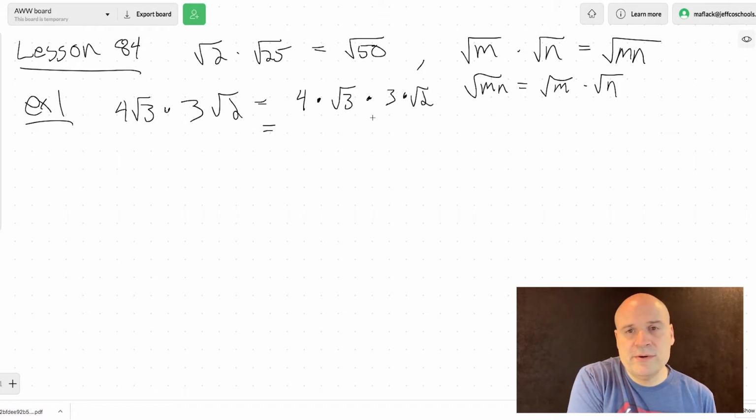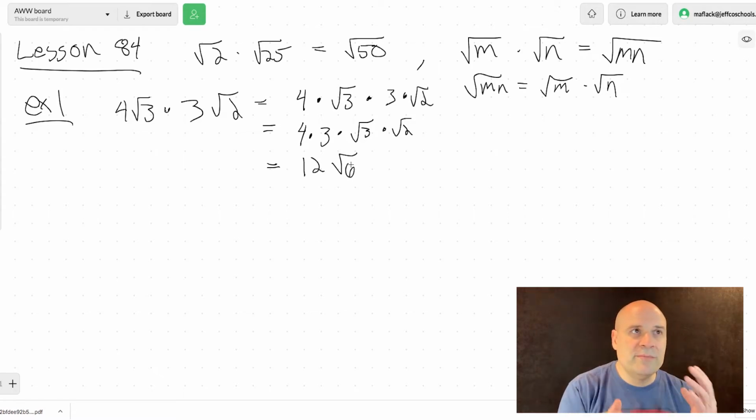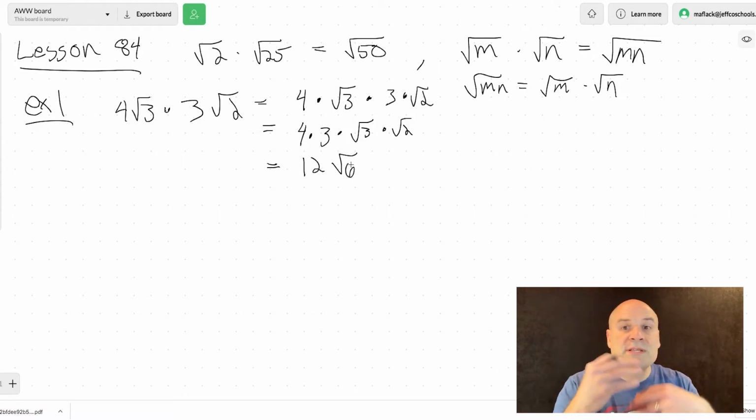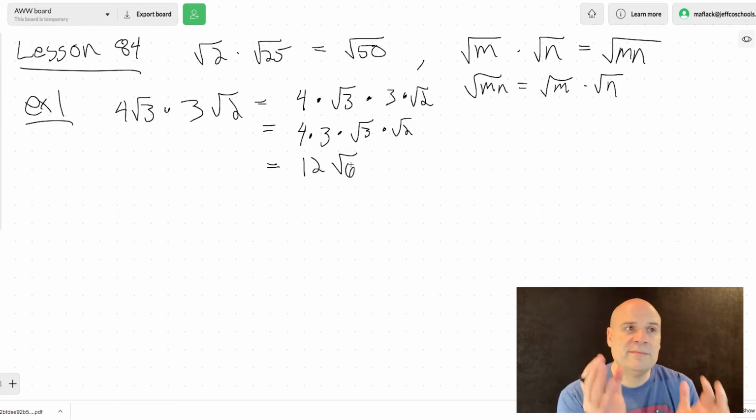You can switch the order, so this is 4 times 3 times radical 3 times radical 2. That's just 12 times radical 6. So when you have a number times a radical times another number times a radical, multiply the numbers outside the radical first, and then multiply the radicals together to make one big chubby radical.